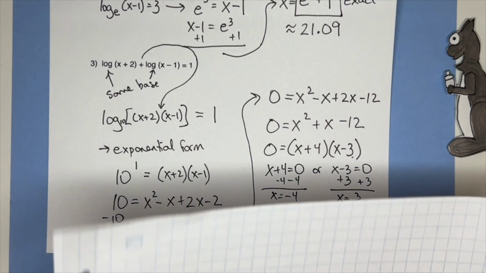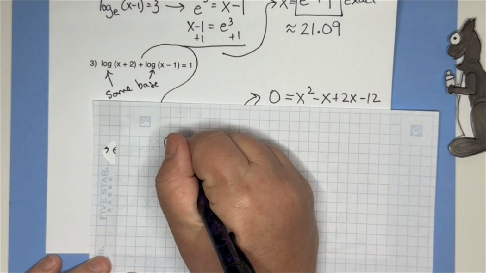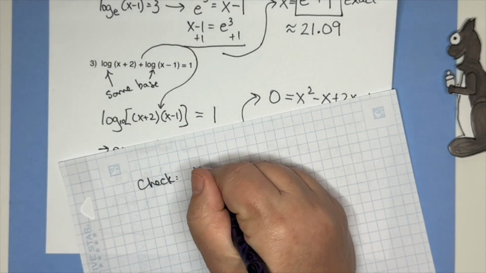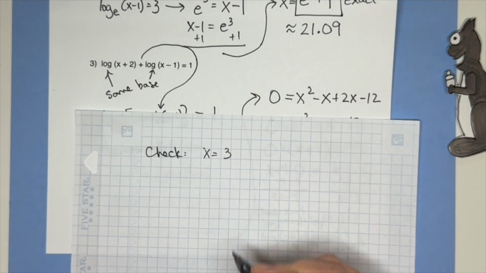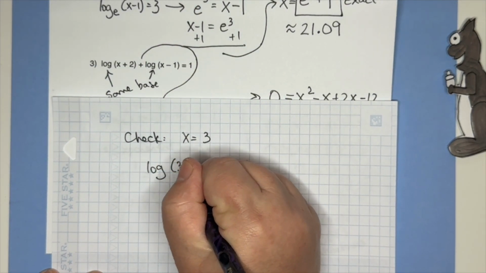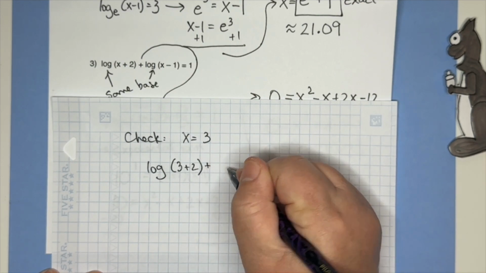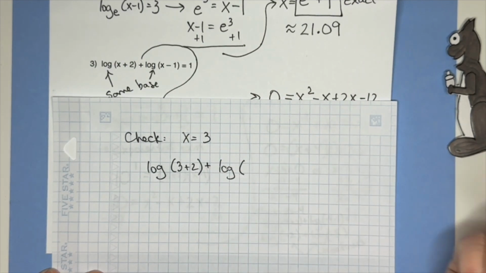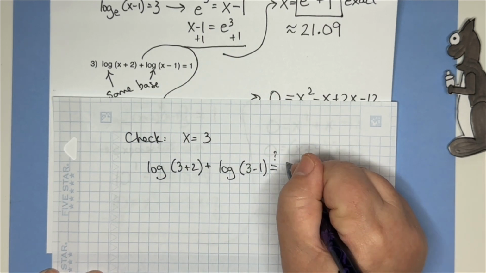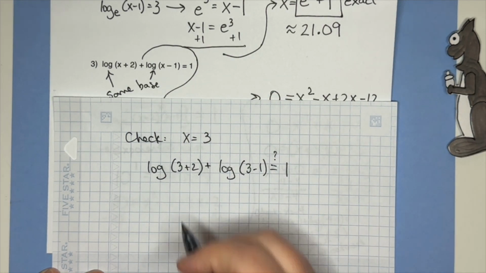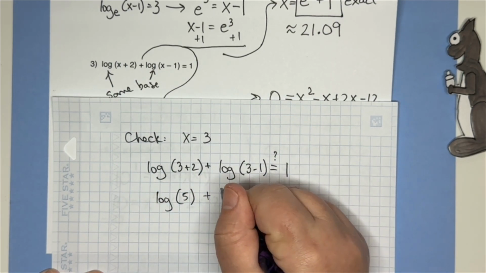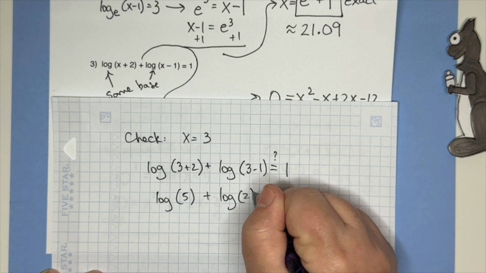Let me grab another piece of paper and let's check x equals 3. So I've got log of 3 plus 2 plus log of 3 minus 1. Is that equal to 1? Okay, well, this is log of 5 plus log of 2.